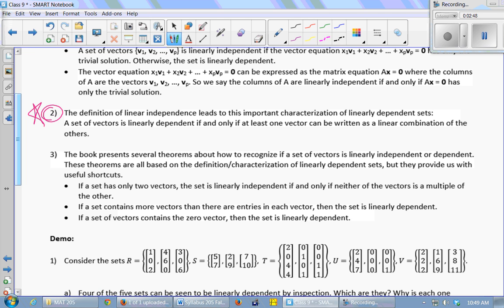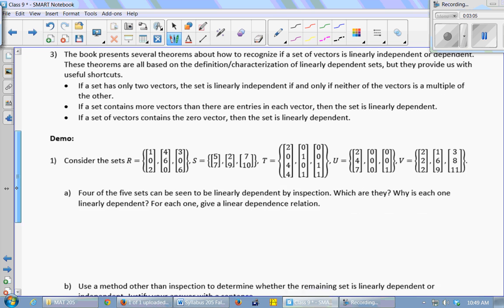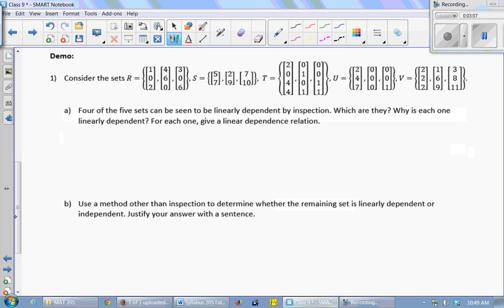The definition of linear independence leads to this important characterization, which is like a description of linearly dependent sets. It says a set of vectors is linearly dependent if and only if at least one vector can be written as a linear combination of the others. So I want to look through these 5 sets, and 4 of them are linearly dependent. So I'm looking for one vector in the set that can be written as a linear combination of the others.